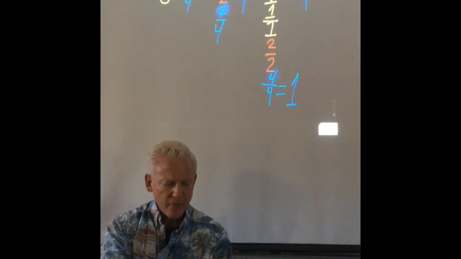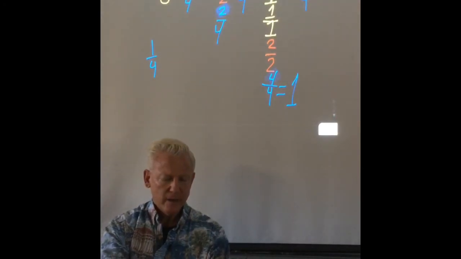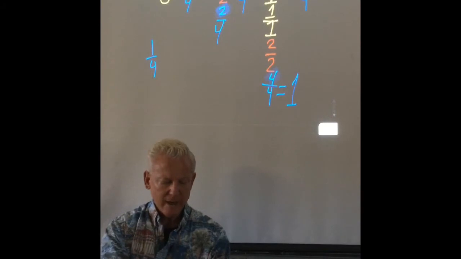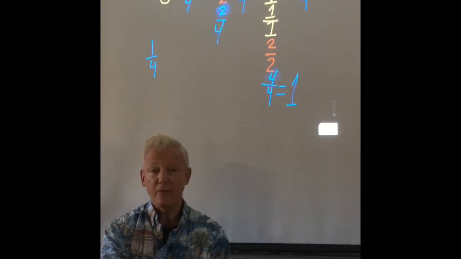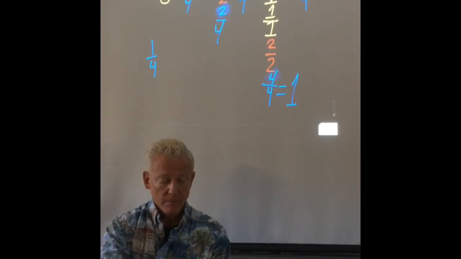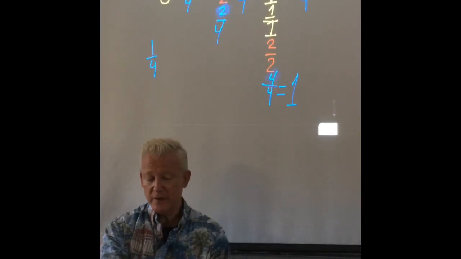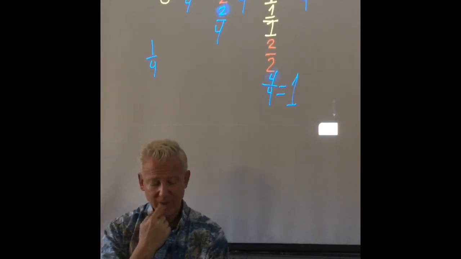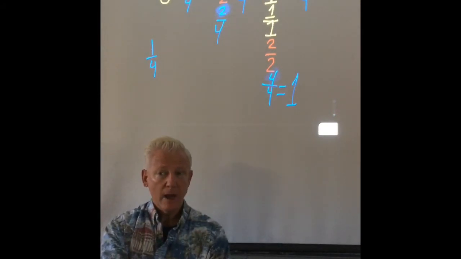I'm going to take my 4th, let's say, and what do I do to it to turn it, let's say, into a half? What would I do to it to turn it into a half? I would want to, yeah?